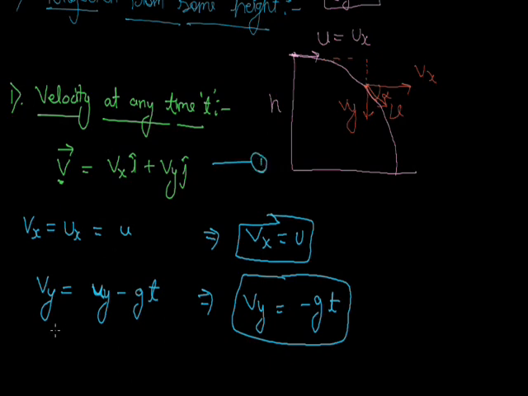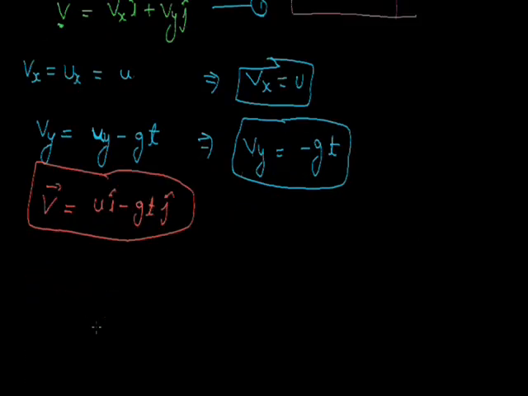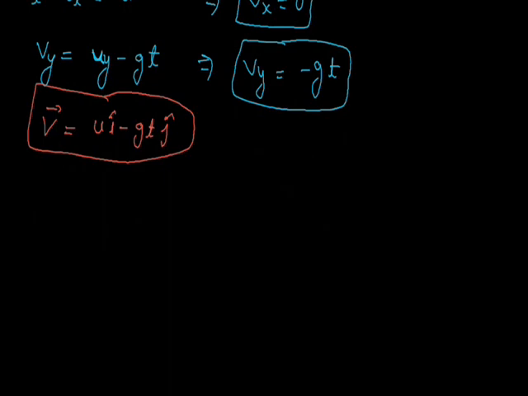So we get vector V is equal to u i minus g t j. And if we find its magnitude, then V is equal to under root of u square plus g t whole square.